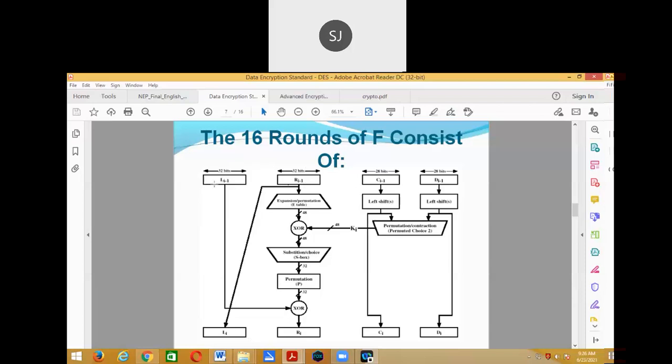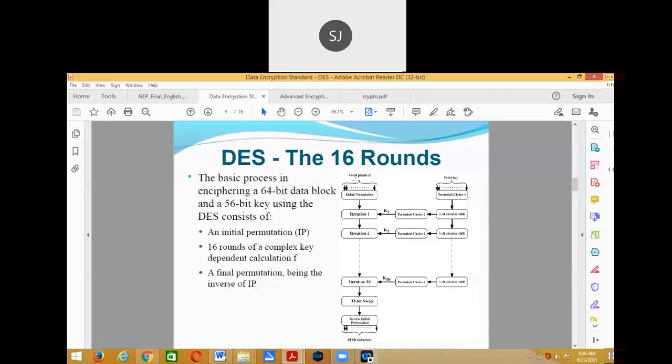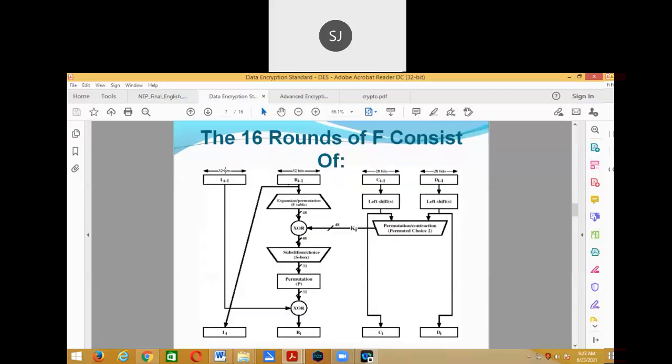For every round, the 64-bit input is converted to a 64-bit output. Is it clear? Any doubts in this?